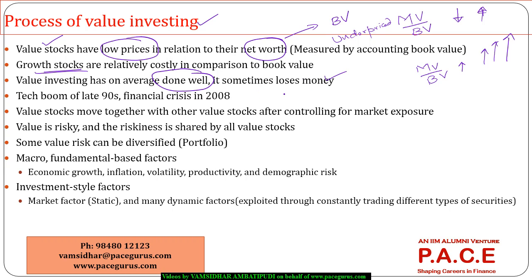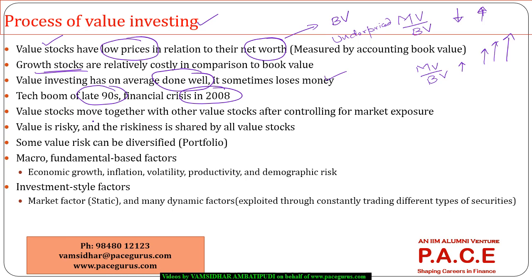Only there are a few instances, like the financial crisis of 2008 or something happening very weirdly in the economy. The tech boom that occurred during the late 90s and the financial crisis of 2008 were the situations where value investing lost badly. But otherwise, on an overall scale, value investing has done really well.